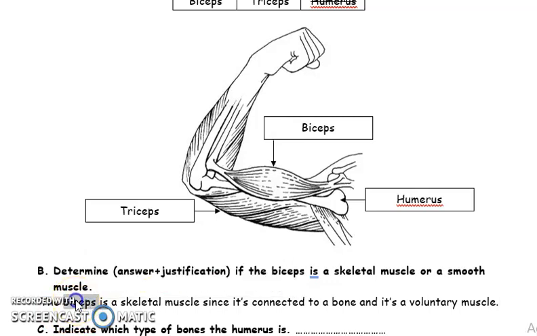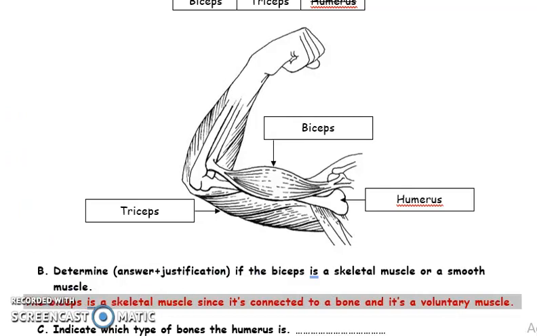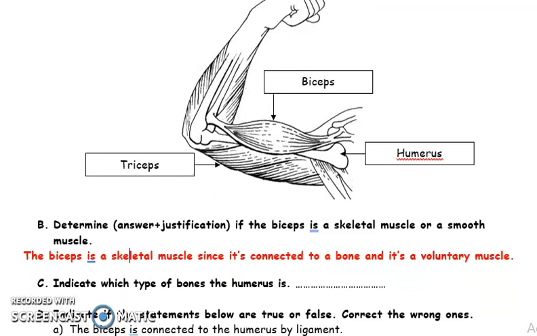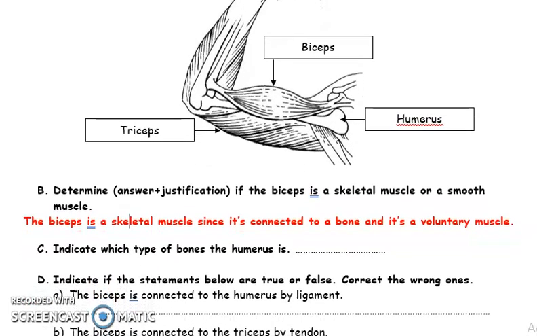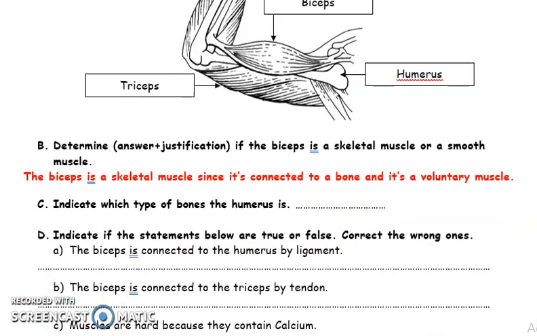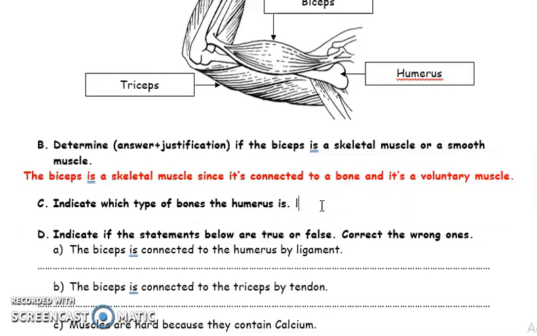We can control its movement. We can stop its movement or move it. It's up to us. Which type of bone is the humerus? The humerus is a long bone. So it's a long bone.